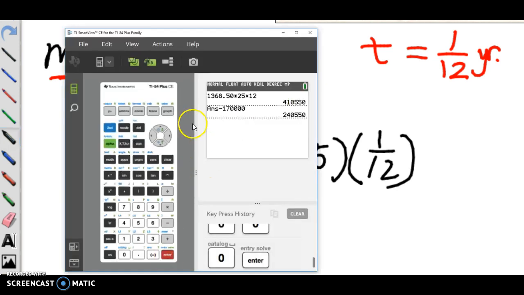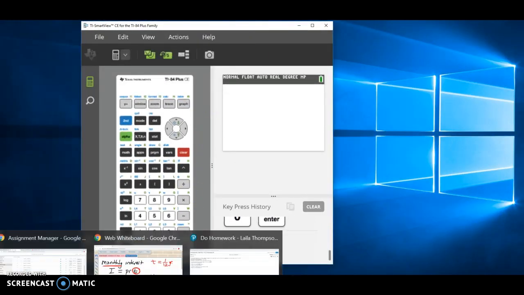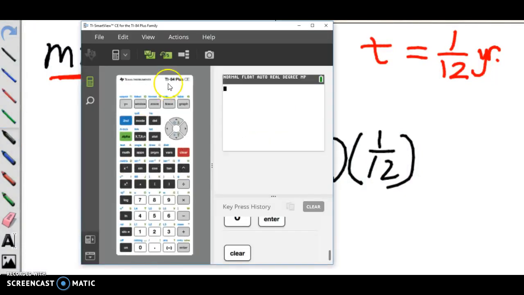So 170,000 times 0.085 times 1/12. All right, so that means that every month $1,204.17 of the payment that they make goes towards interest.